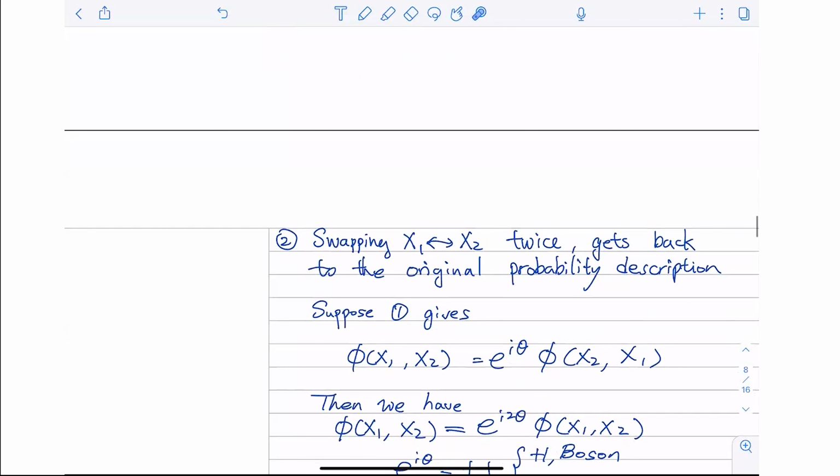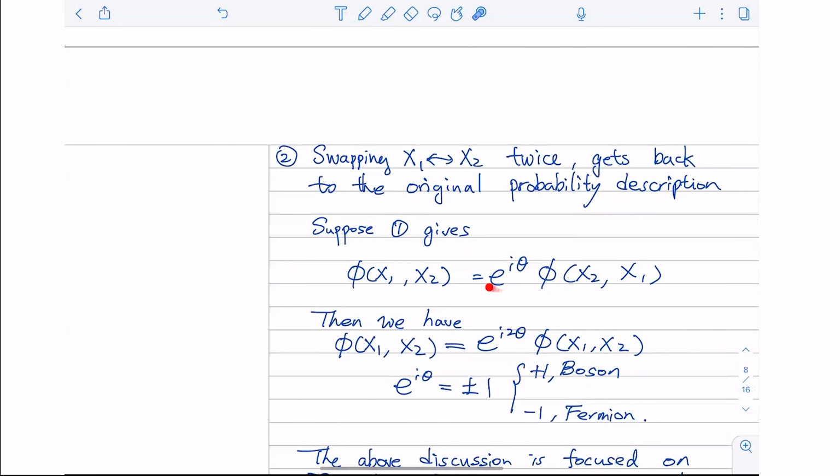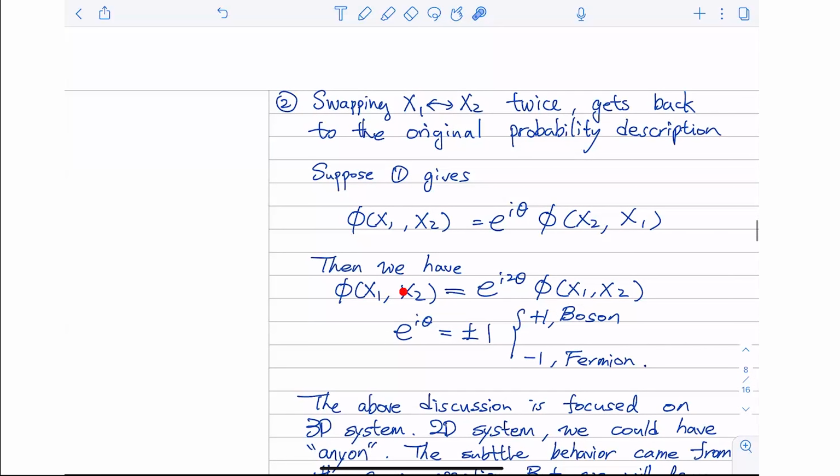Suppose the first condition tells us that phi(x1, x2) equals phi(x2, x1) up to a phase, e^(i theta). Then if we perform this operation twice, we conclude that phi(x1, x2) equals e^(2i theta) times phi(x1, x2). That leads to the conclusion that this phase factor e^(i theta) can only be +1 or -1.